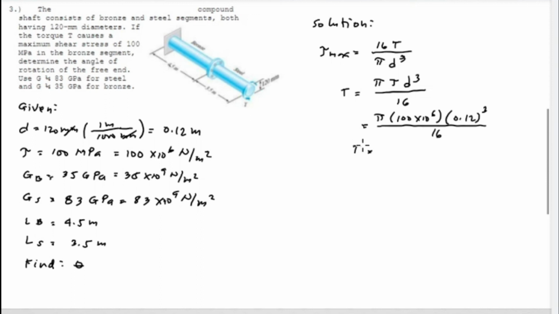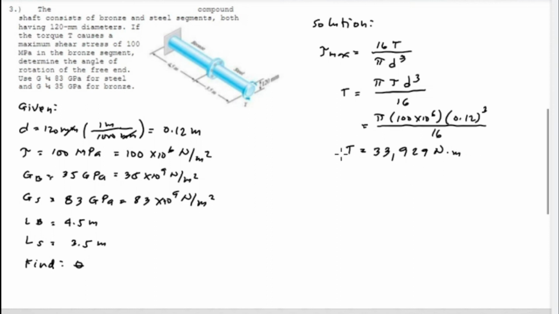And the value for torque, so pi times 100 times 10 to the power 6 times 0.12 cube, value for T is equal to 33,929, and the unit is Newton meter.